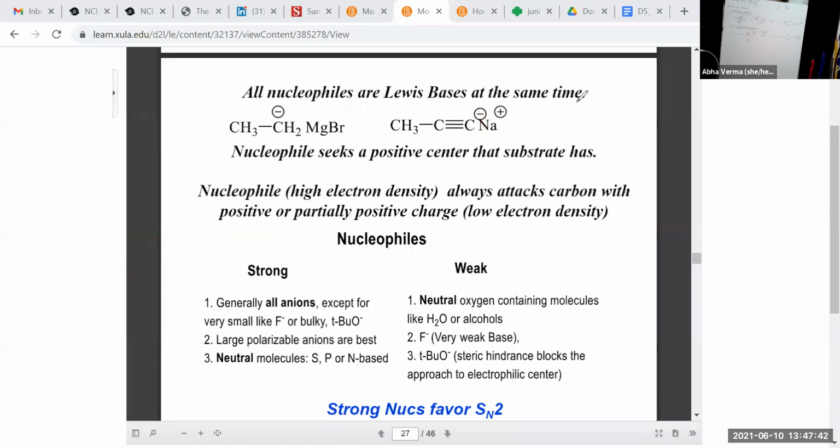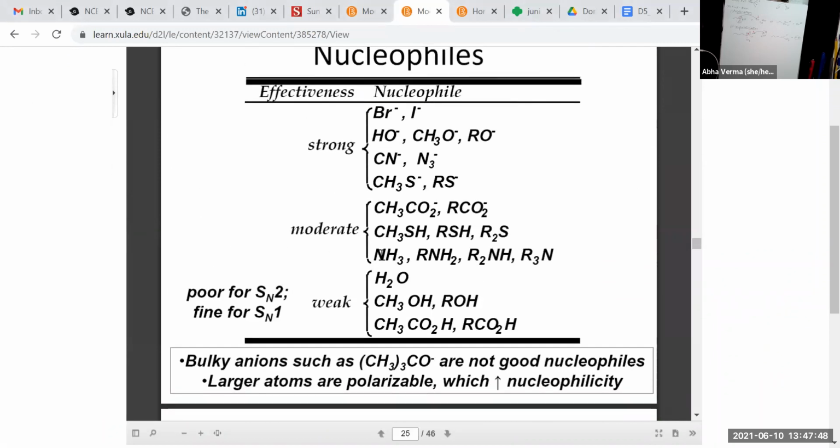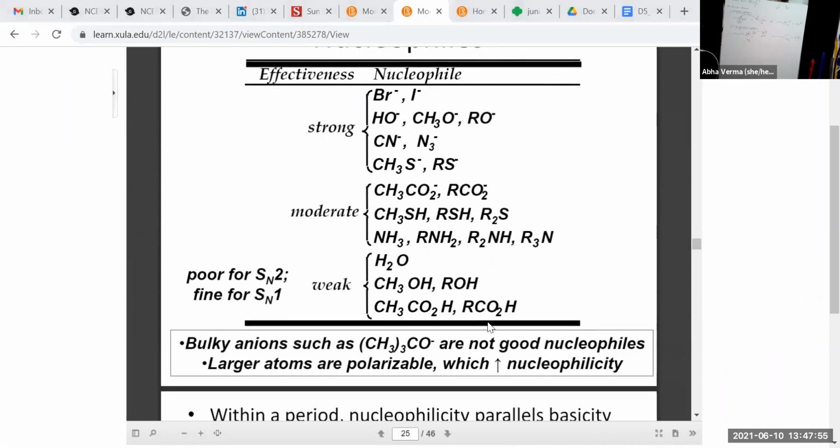So if you go back to our chart up here, you will see that neutral nitrogen molecules are still considered moderate. Why? Remember, electron donating ability is more in less electronegative elements than more electronegative elements.